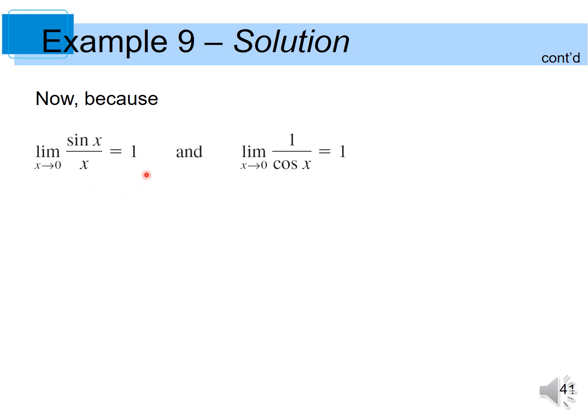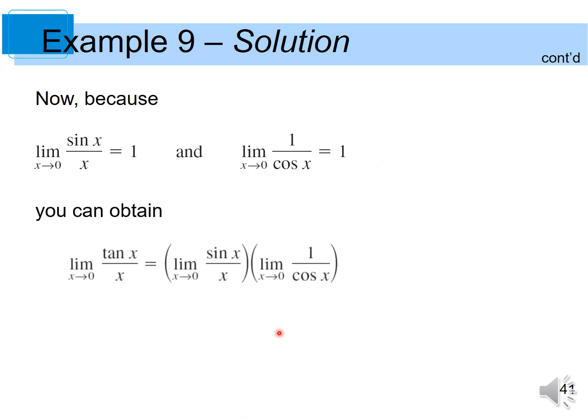And the limit of sine x over x when x tends to 0 is equal to 1. And the limit of 1 over cosine x as x tends to 0 is equal to 1. So we have 1 times 1, which is equal to 1.